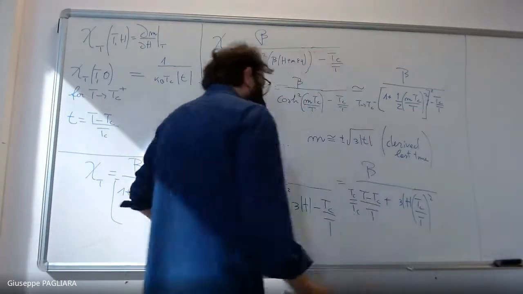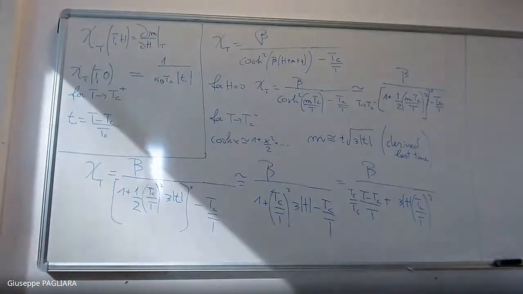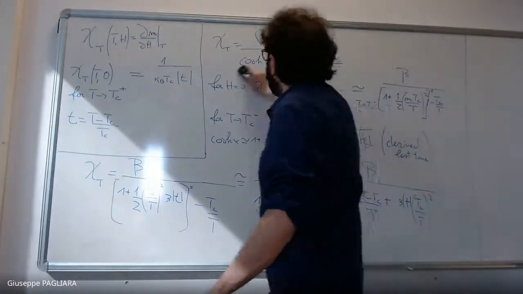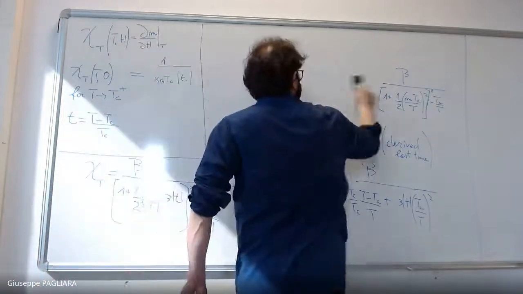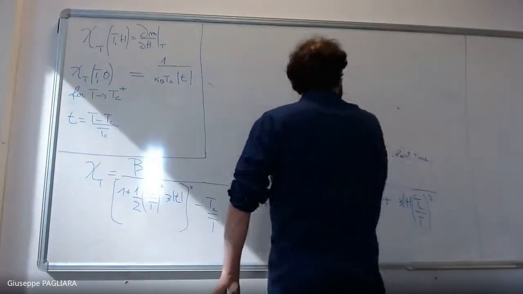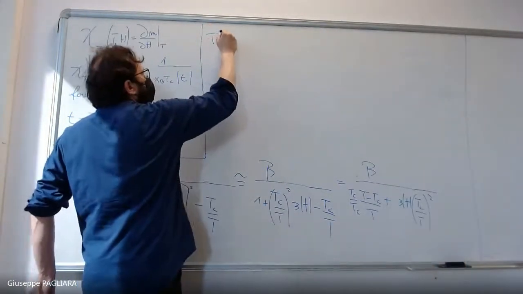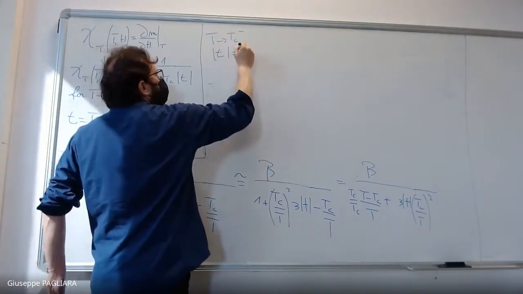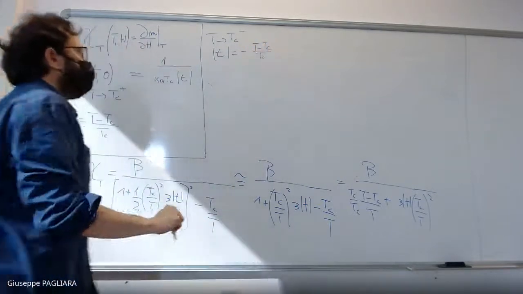Now this guy here is minus T and Tc divided by T. So let me write it down. Since we are approaching Tc from below, this is actually minus (T minus Tc) divided by Tc.